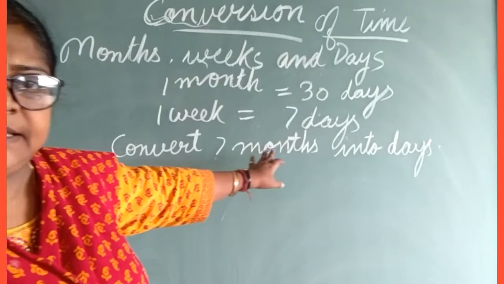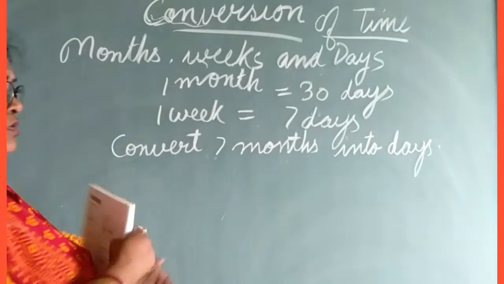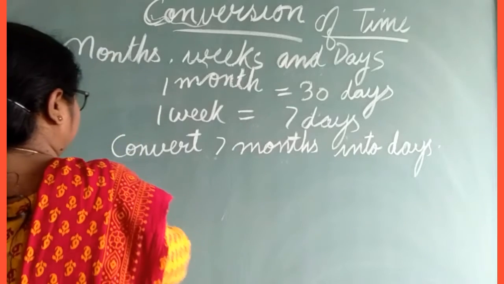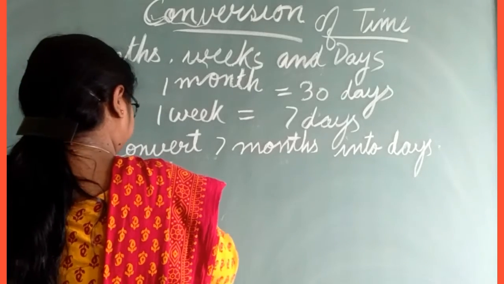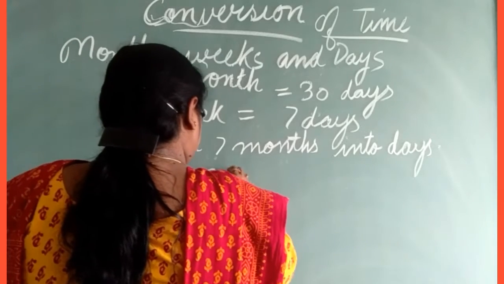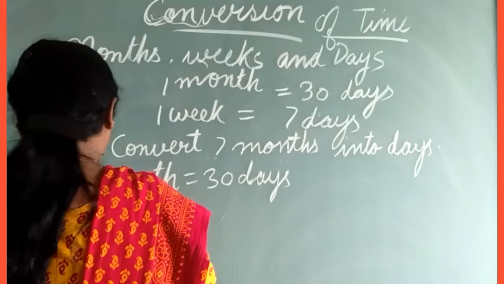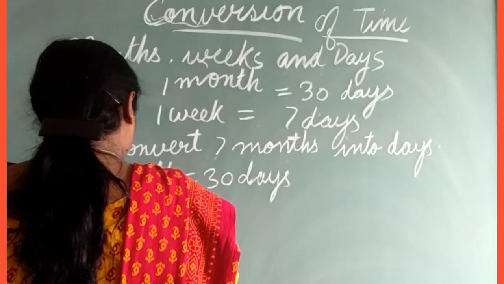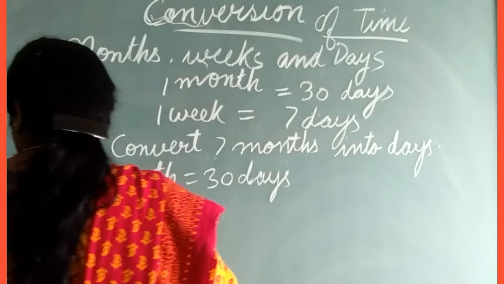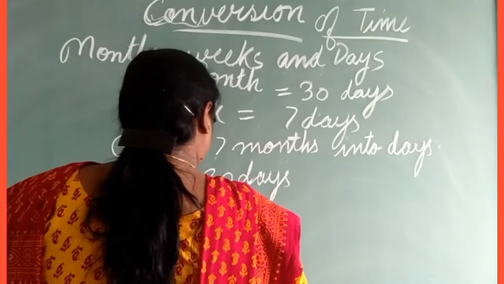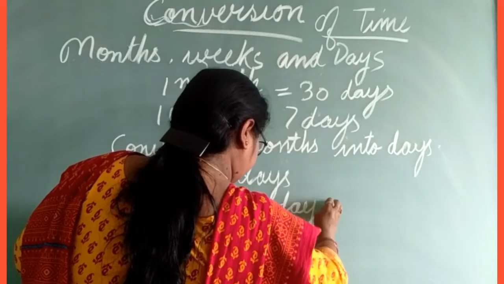So how many months are given here? 7 months. So what you will do here? 1 month equal to 30 days, 7 into 30 equal to 210 days.